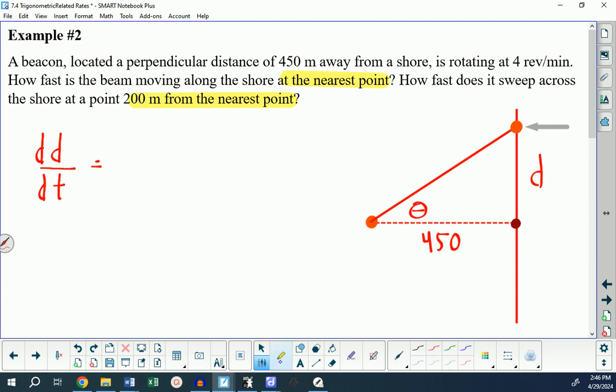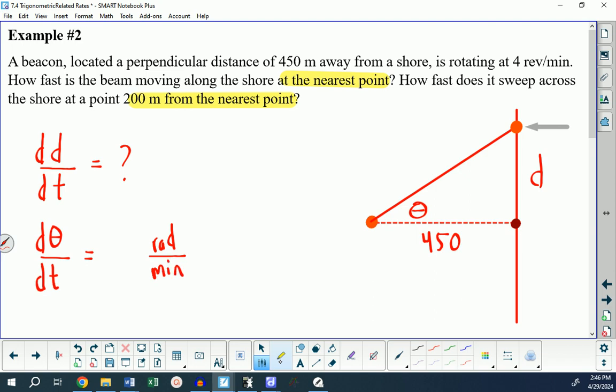So we're trying to find this, and we have to figure out from it what the rate of change of the angle is. It makes 4 revolutions per minute. So what are we going to do with that? We want rads per minute.